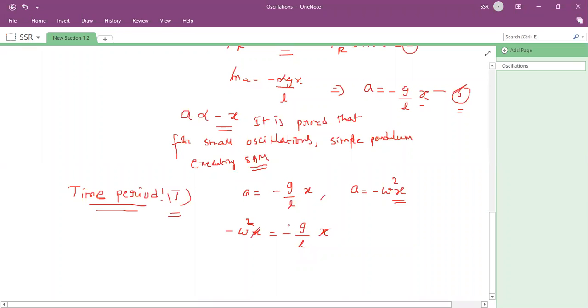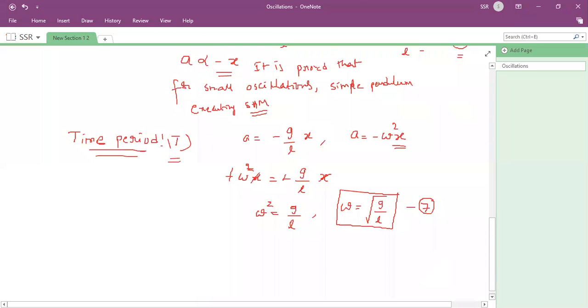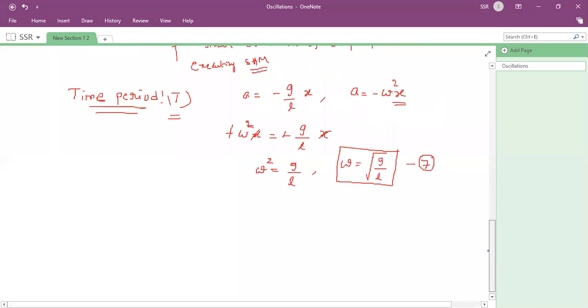Then x cancels and minus cancels. Then omega square is equal to g by L, where omega is the angular frequency or angular speed. That means the angular speed of SHM is omega equal to root g by L. That's equation number 7. Then what is the relation between time period T and omega?